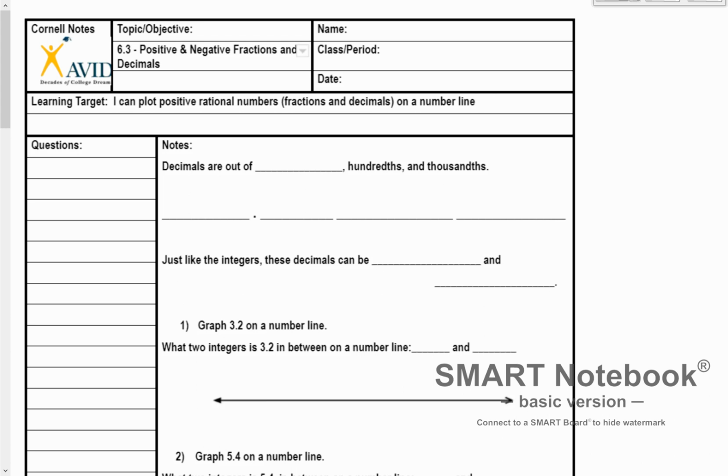Just some background knowledge. We just need to remember that decimals are out of tenths, hundredths, and thousandths. Okay, so here's our whole number or our integer. Right now we'll say we've got 1.2175. That first decimal place is tenths.